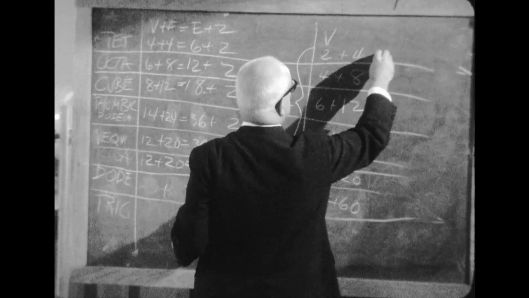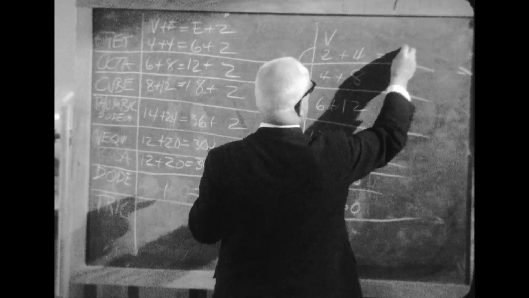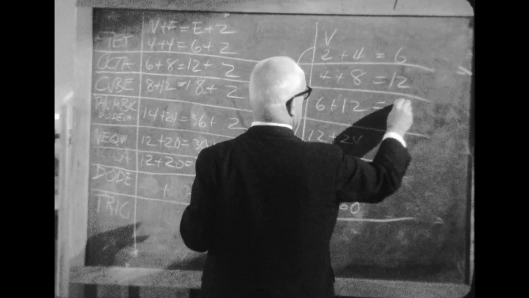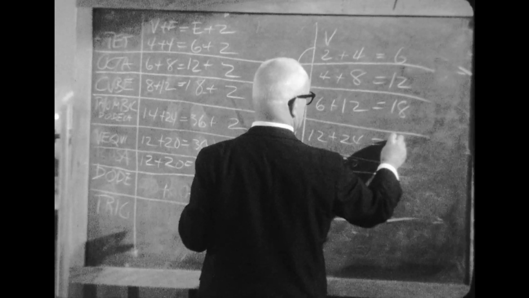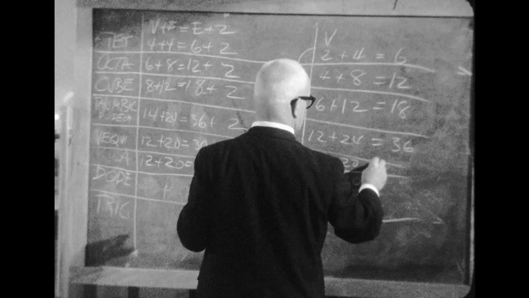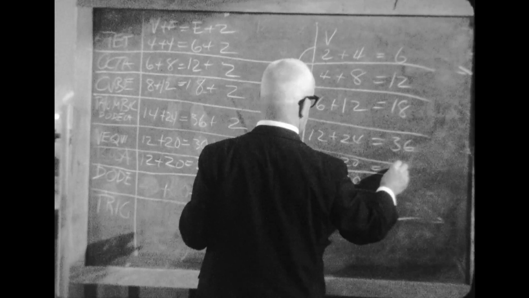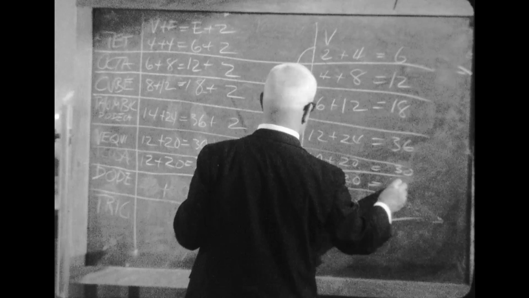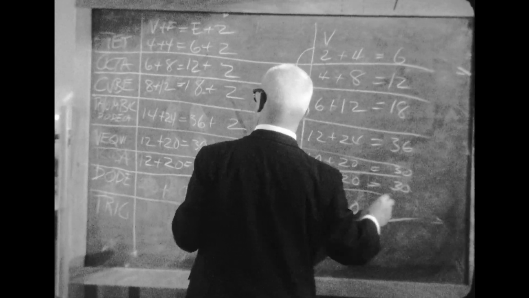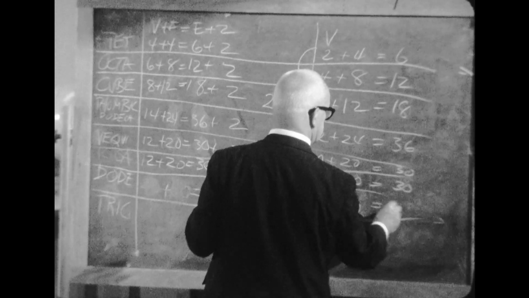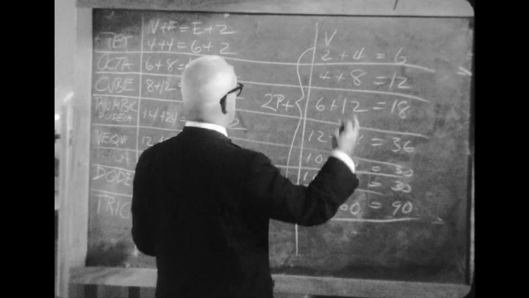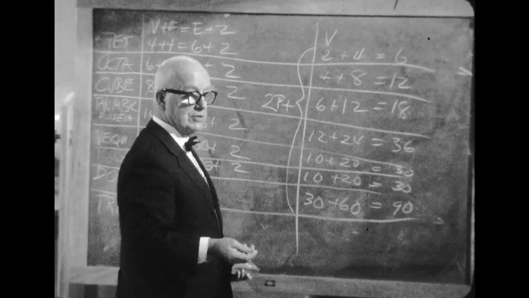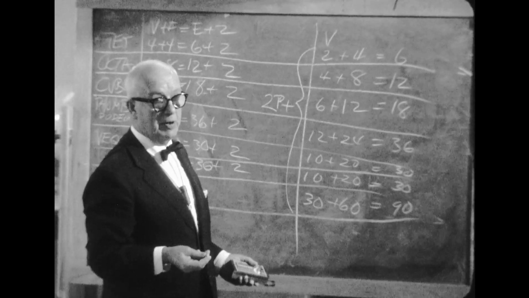Equals 6, equals 12, equals 18, equals 36, equals 30, equals 30, equals 90. Because I've taken the 2 out over here, I can eliminate the 2 on this side, quite obviously, because I'm just balancing the formula.